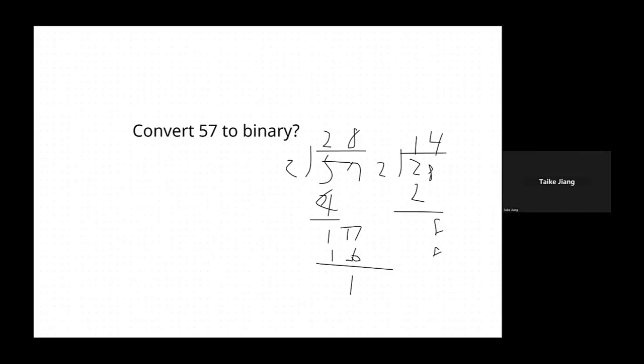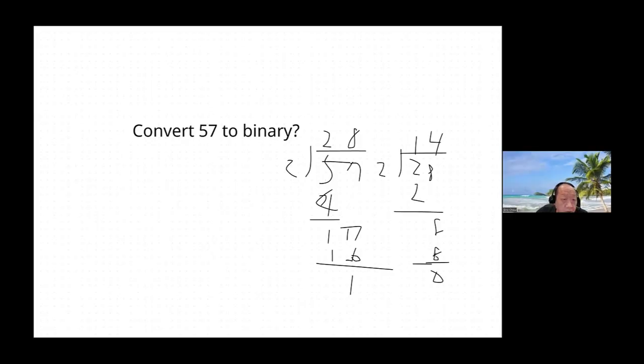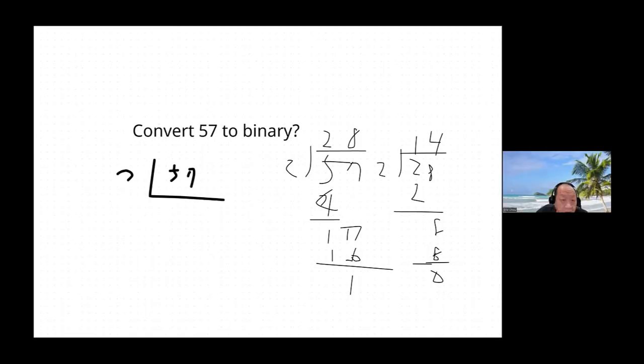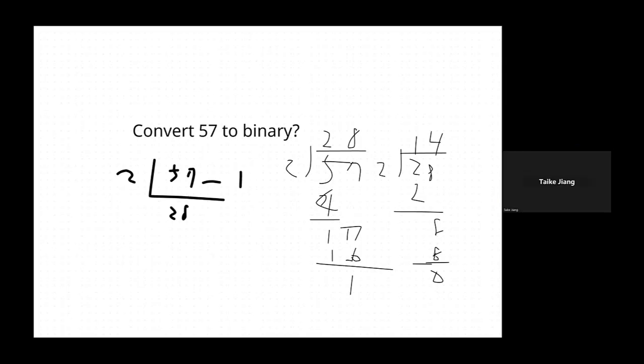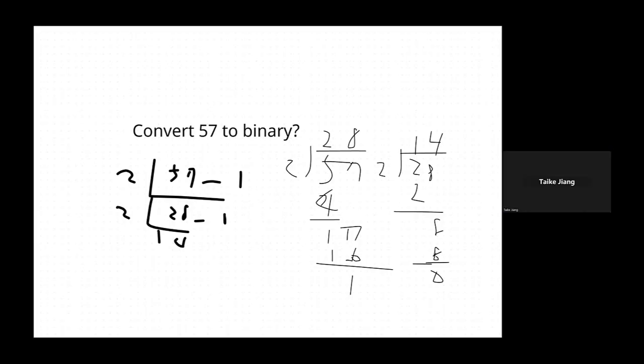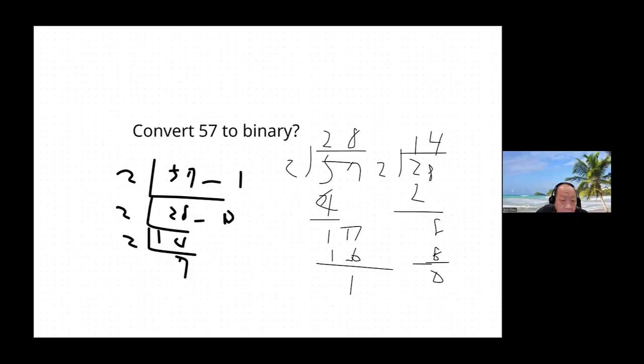Okay, so basically, we do this. We start with 57. You divide by 2, so you have 28 remainder 1. Divide by 2, you get 14 remainder 0. Divide by 2, you get 7 remainder 0. Divide by 2, you get 3 remainder 1.